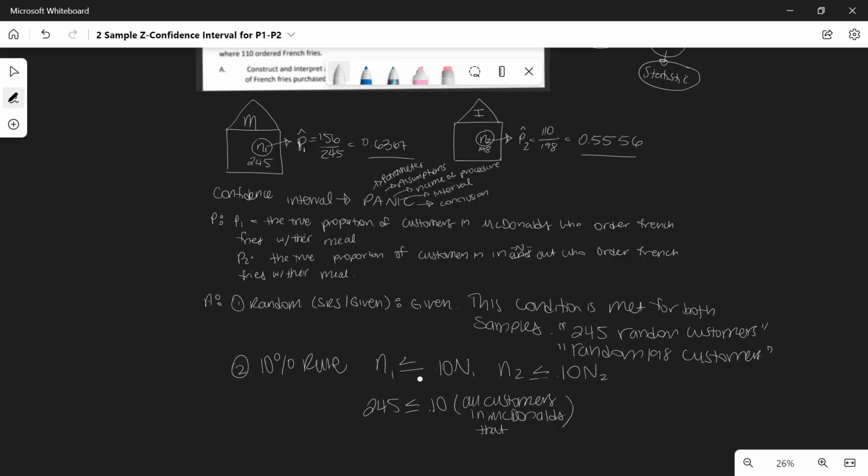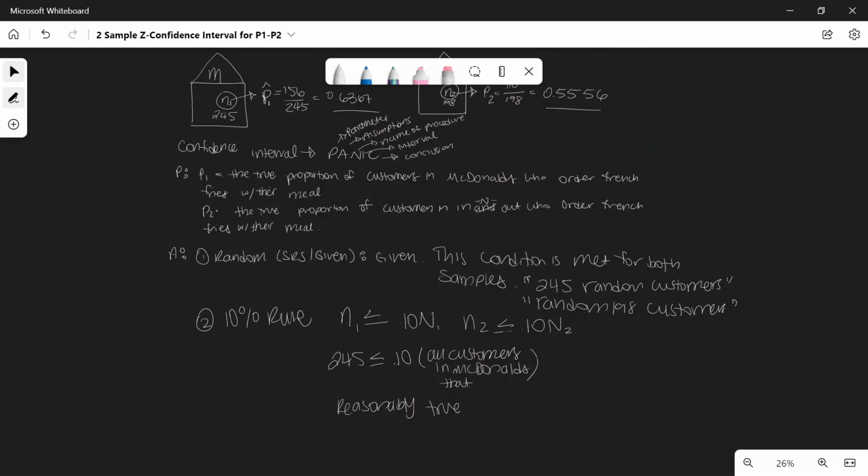And then we say that this is reasonably true because obviously 245 is less than 10% of all the customers in McDonald's. And I think that's true because there's usually a lot of customers in McDonald's.